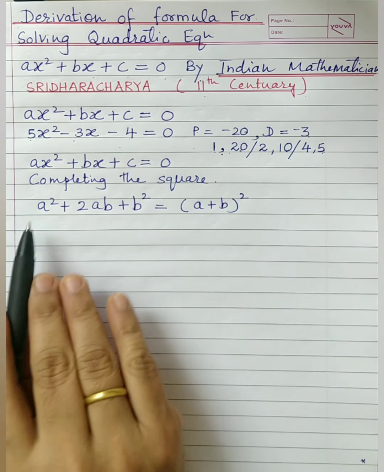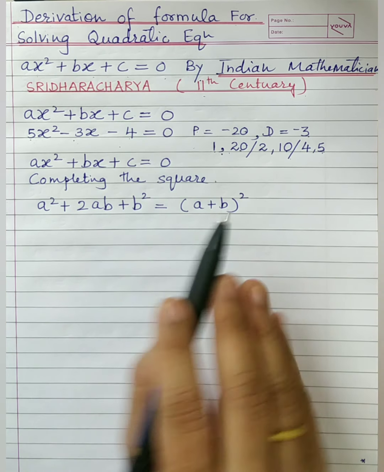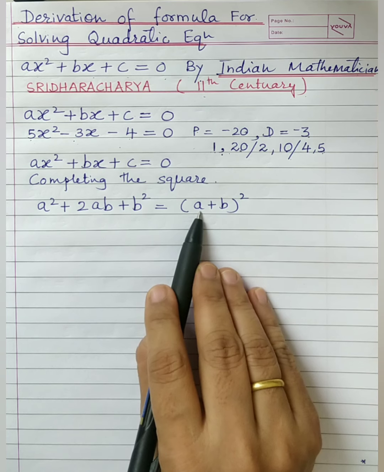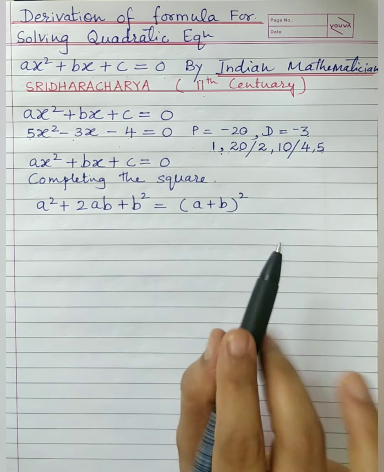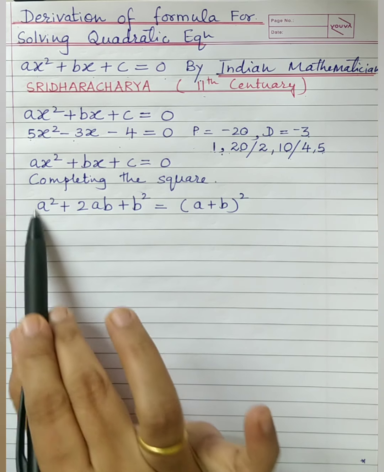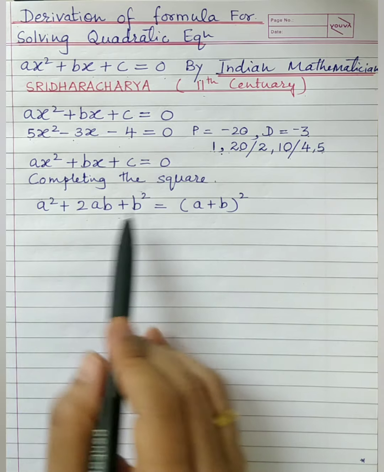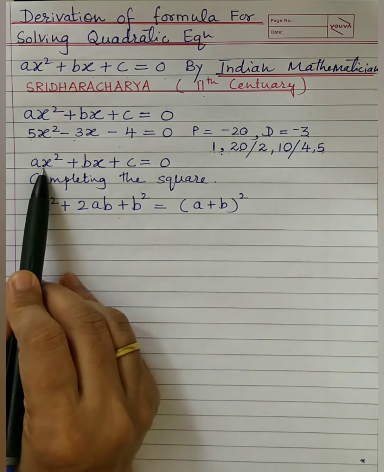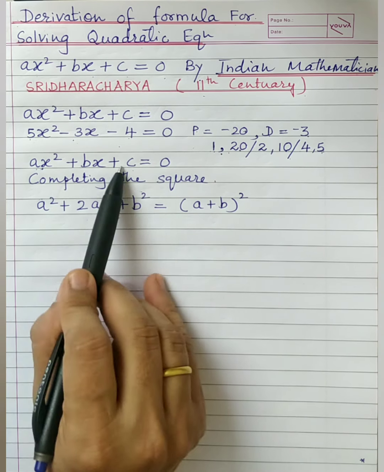So if you can get a perfect square trinomial, you can express it in the form of the square of a binomial. Means what we need is for this side to be a perfect square trinomial. Now coming back to our quadratic equation, we do not know whether it is a perfect square or not. It may be or it may not be.